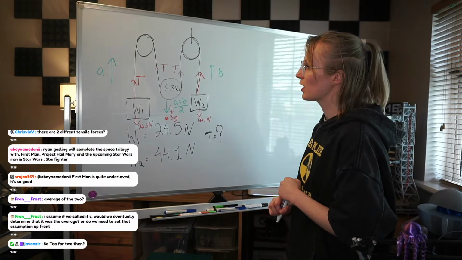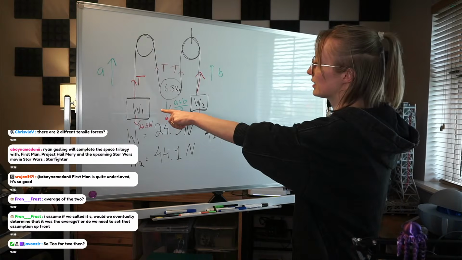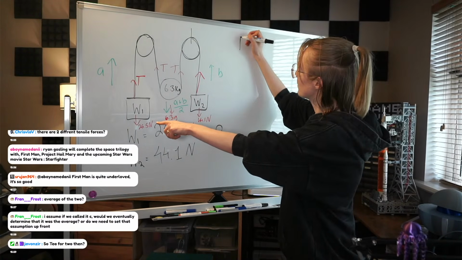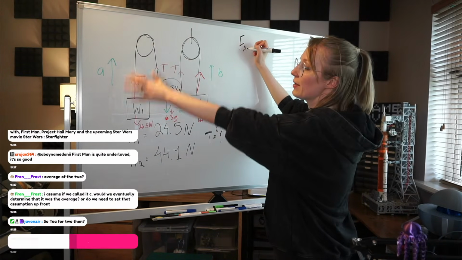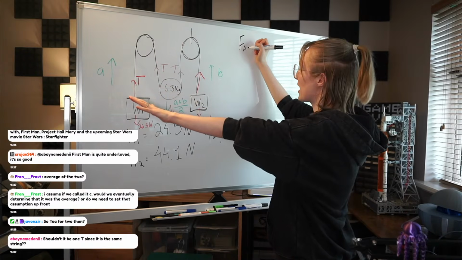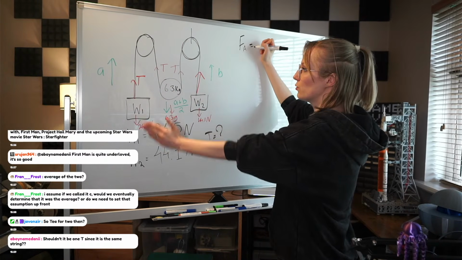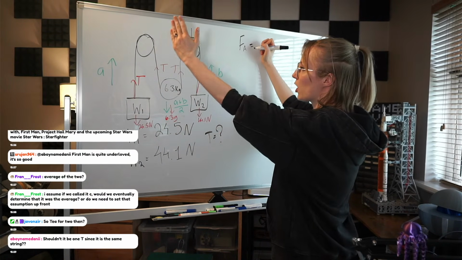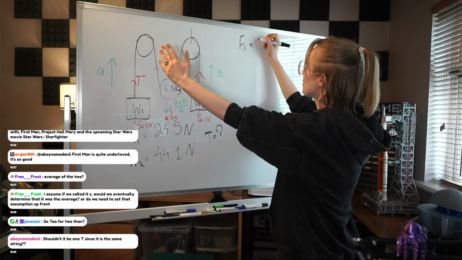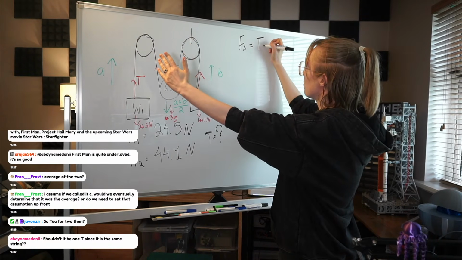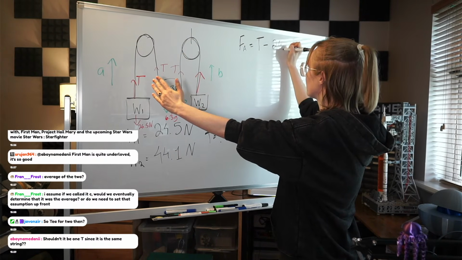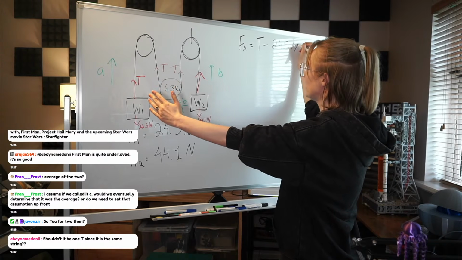T for 2. So let's look at this guy here, FA. The force that block A is experiencing, we're going to call it A, is equal to, so we're going to take up to be positive in this case. It's going to be equal to the tension minus 24.5. That's the weight.